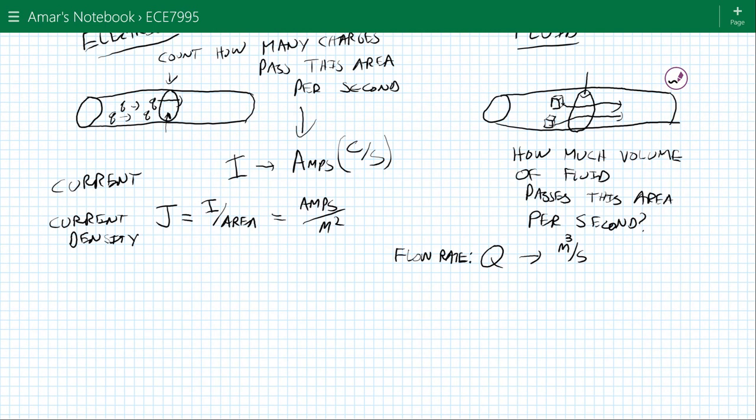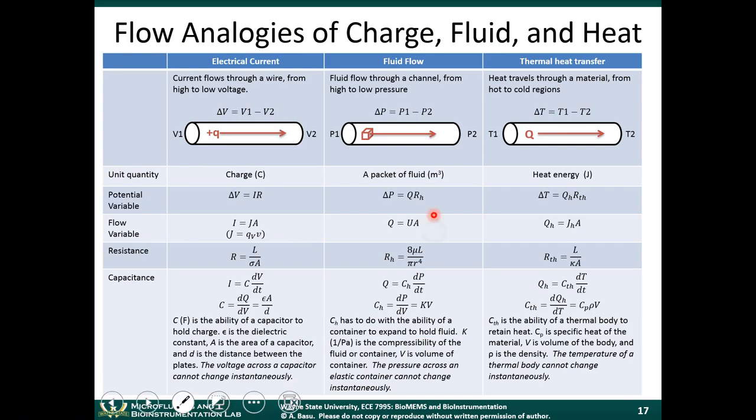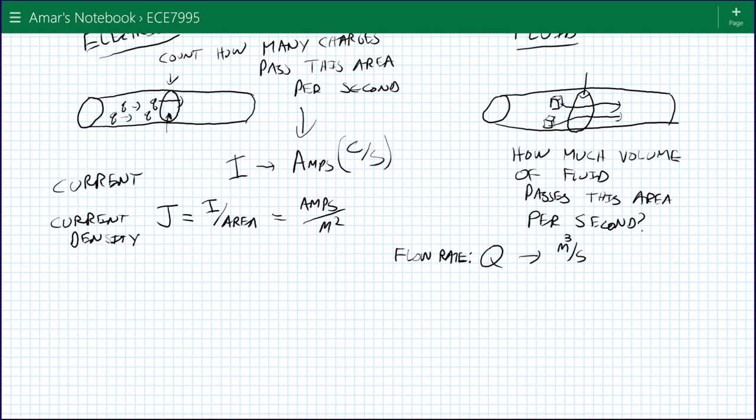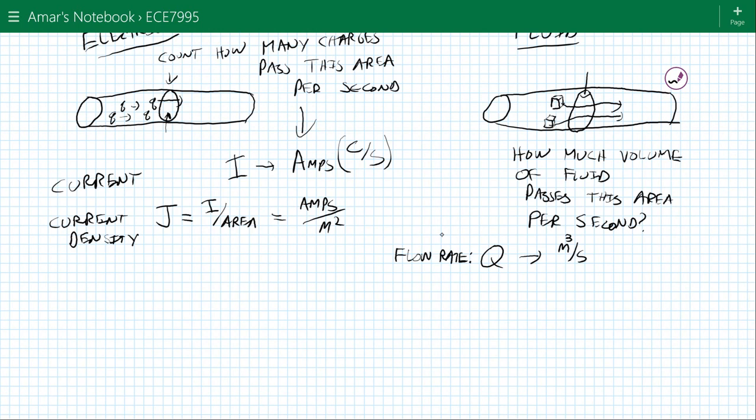Now if we look at the analogy for this, Q, the flow rate, is equal to the velocity times the cross-sectional area. So in this case, it's just Q is equal to the velocity times the cross-sectional area. And this is average velocity. Sometimes there can be a velocity profile where the fluid in the middle of the pipe is moving faster than the fluid on the edge of the pipe.